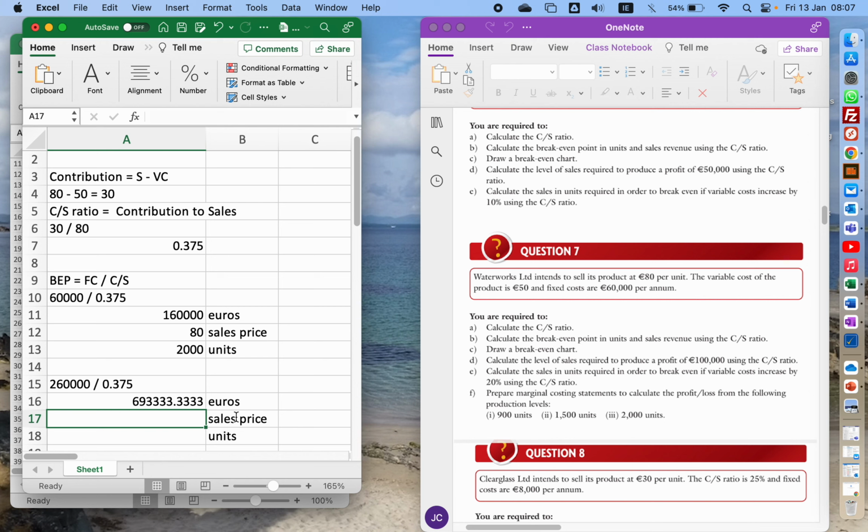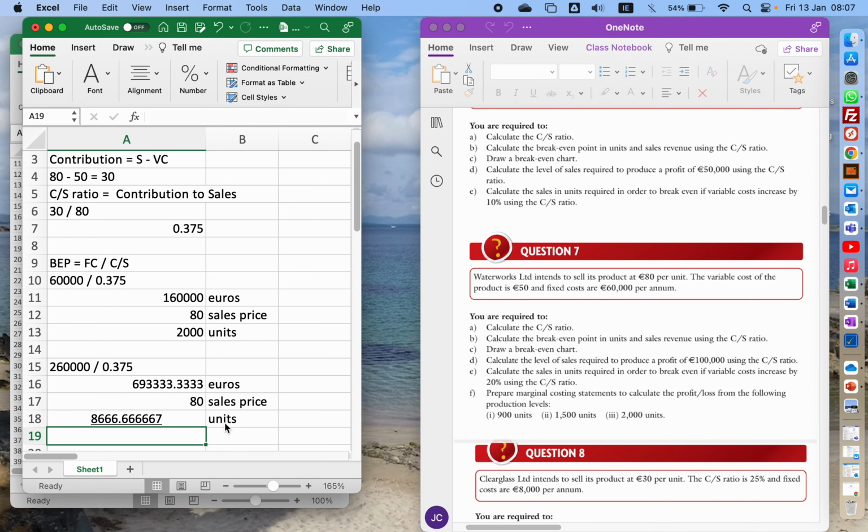So sales price is 80. Okay, so that's 8,666 or 8,667 units, because obviously you have to round it to the nearest single one. So 8,667 units. That's the level of sales that we have to have. So we'll have to take in that amount of euros or that amount of units.